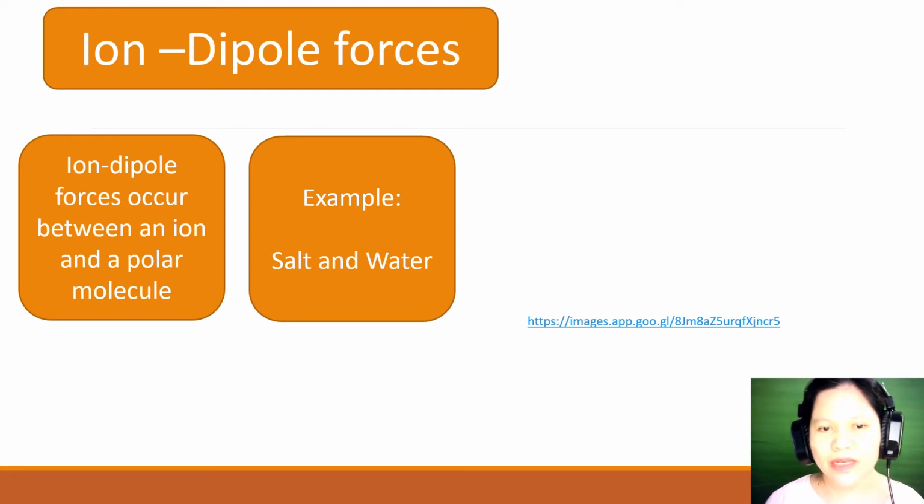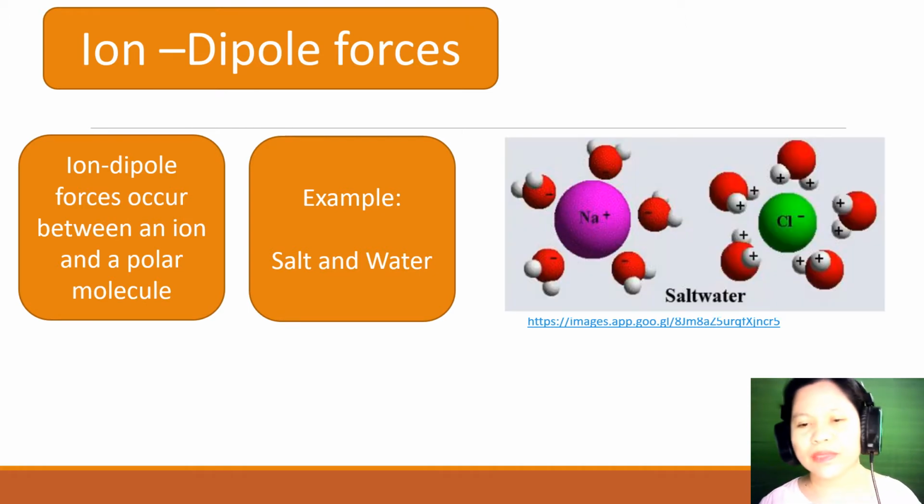And water, you have hydrogen and oxygen. Now this is how ion-dipole forces occur. As you can see at the center, for salt, as I have mentioned, it is sodium chloride. Sodium is at the center, and you have there the chlorine, which is negatively charged.